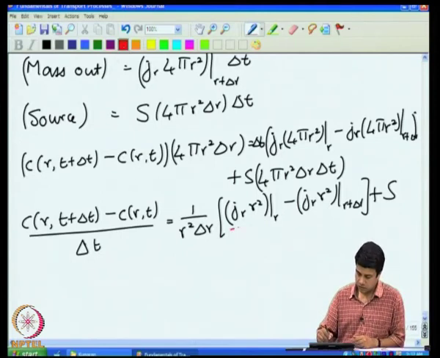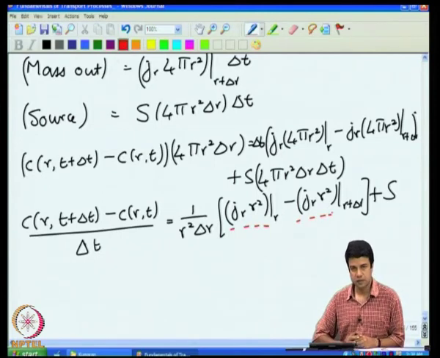Note that in these two terms, just as in the cylindrical coordinates, I cannot cancel the r square in the numerator and the denominator, because the surface area at r and the surface area at r plus delta r are different in general. So, I cannot just go ahead and cancel out r square between the numerator and the denominator.